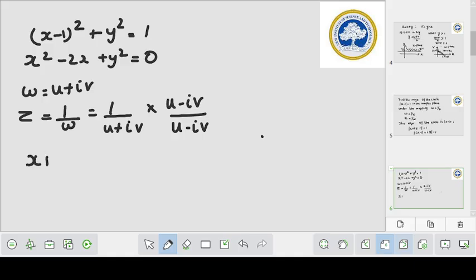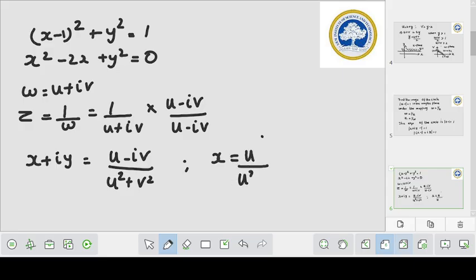So z is x plus iy, and u minus iv in the numerator; in the denominator, applying the identity a squared minus b squared equals a plus b into a minus b, you get u squared plus v squared. Separating the real and imaginary parts, you have x equal to u by u squared plus v squared, and y equal to minus v by u squared plus v squared.